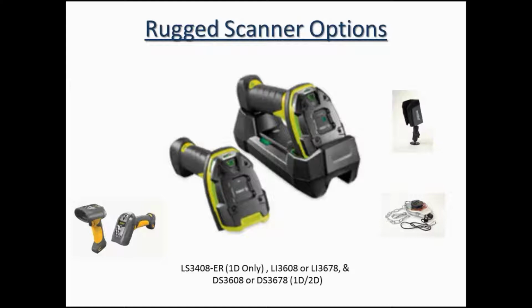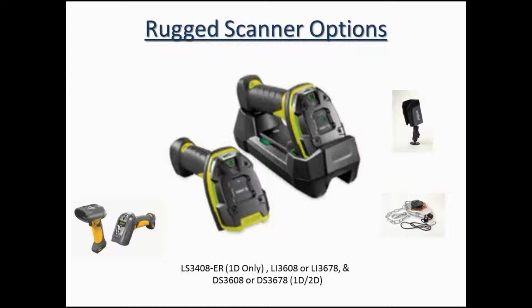Along with the vehicle terminal, you'll see that they have new rugged scanner options here from Zebra. In the lower left side, that one might look familiar to some of you guys. It was the LS series of 3408, 35, all of that good stuff. Their latest and greatest is this new lime green and gray one, and it is fantastic.